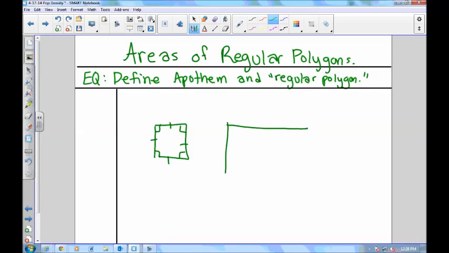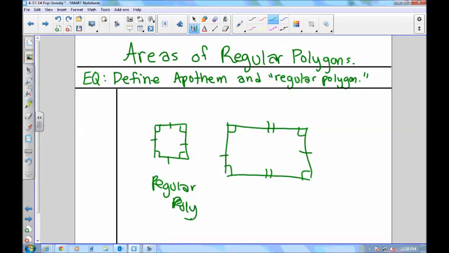Okay, here is a rectangle, a really terribly drawn rectangle. Okay, this one is regular. A regular polygon. Man, I cannot write today. And that one is not. So what's the difference? What makes the square regular, and technically a square is a rectangle as well.